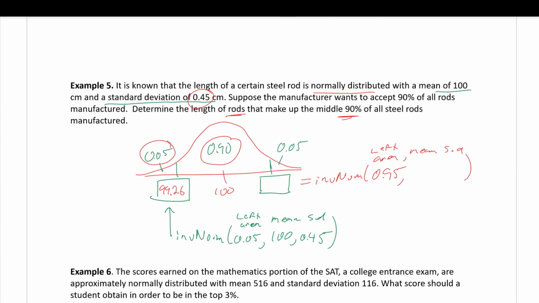Then we have the mean, again, it's the same as before, 100, and the standard deviation of 0.45. If we run that through our calculator, we get 100.74. And that does make sense because it is more than 100. So they're going to throw away anything that's lower than 99.26 centimeters or anything greater than 100.74 centimeters because they would be either too small or too large.